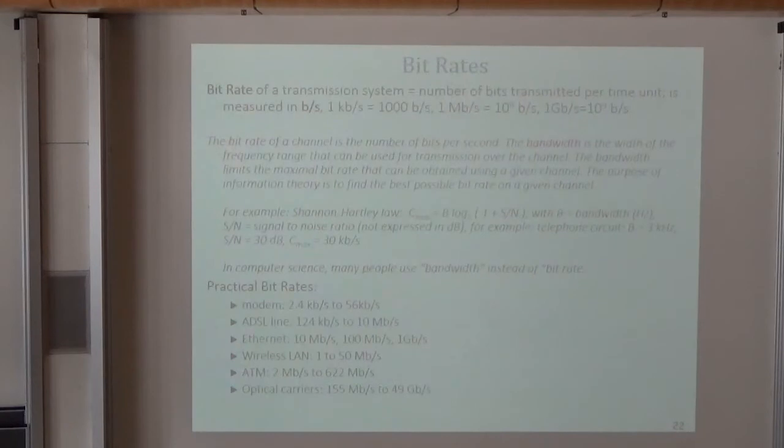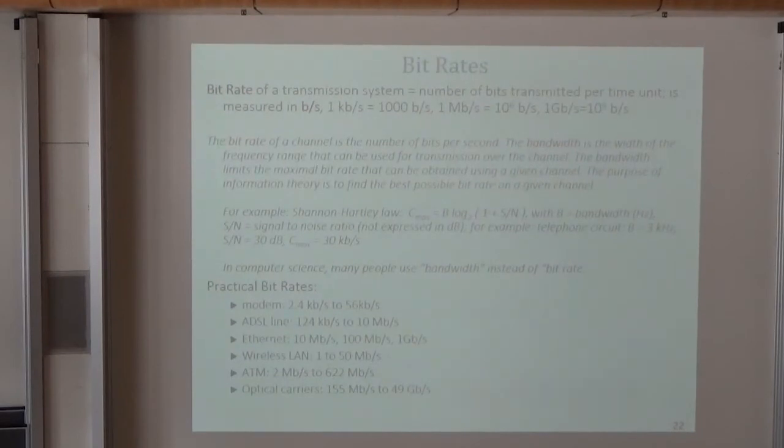The bandwidth is in the spectral domain. It is in the world of frequencies. And for old systems, there was a one-to-one mapping of bits per second and hertz of bit rate and frequency. But for more modern systems, it is not the case. But you will find this terminology in the literature.